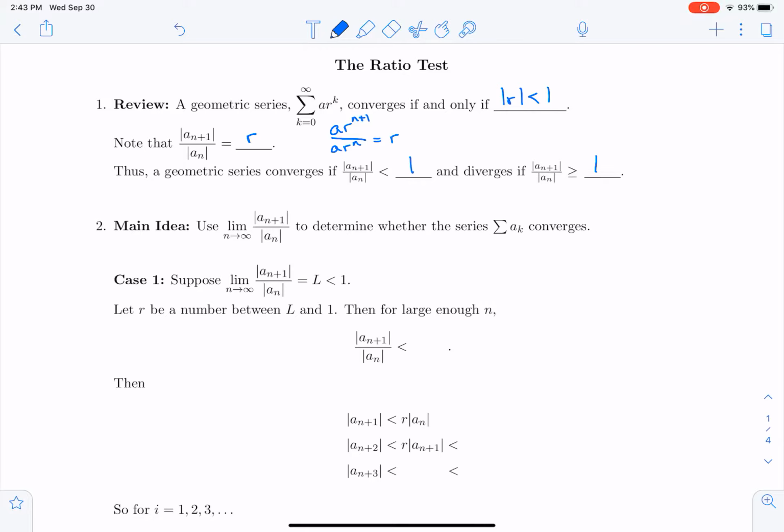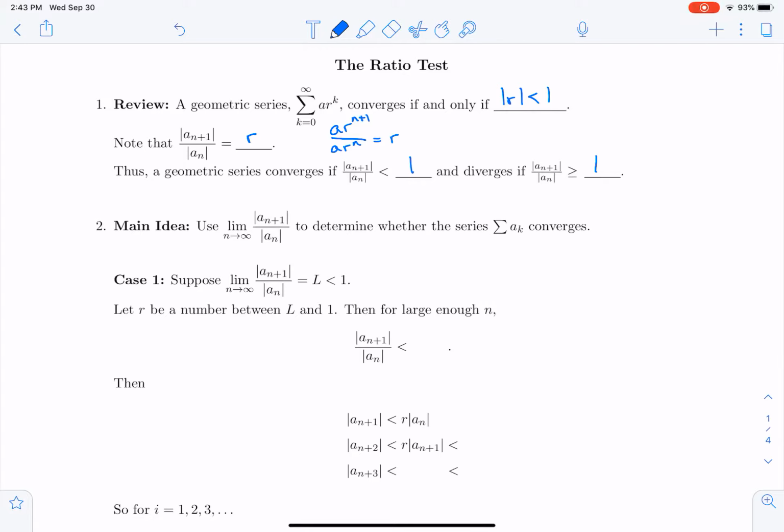So r is actually the ratio of the terms, and that's why we use the letter r when we talk about geometric series. So we want to leverage this idea that if the ratio of the terms is less than 1, then the series converges, and if it's greater than 1, it diverges, to show that other series converge.